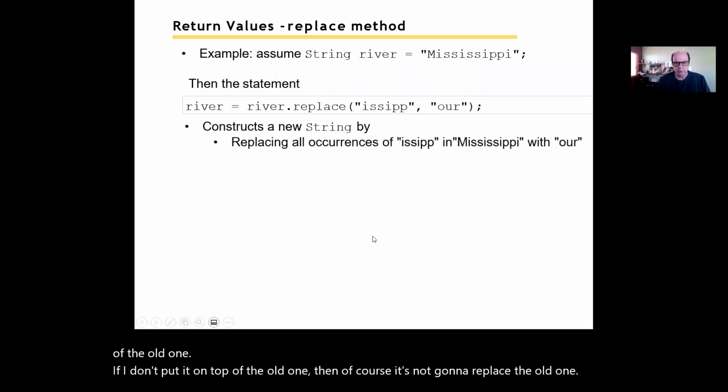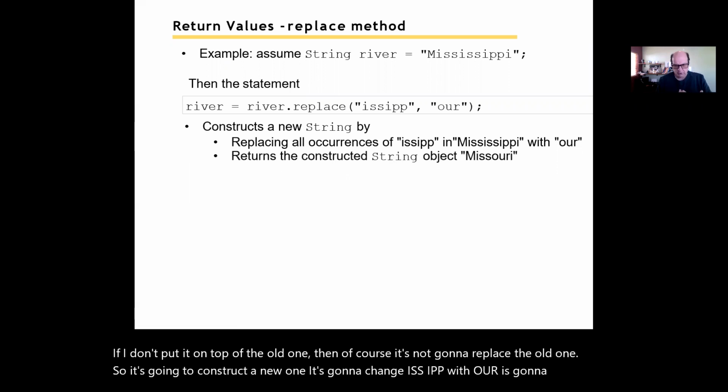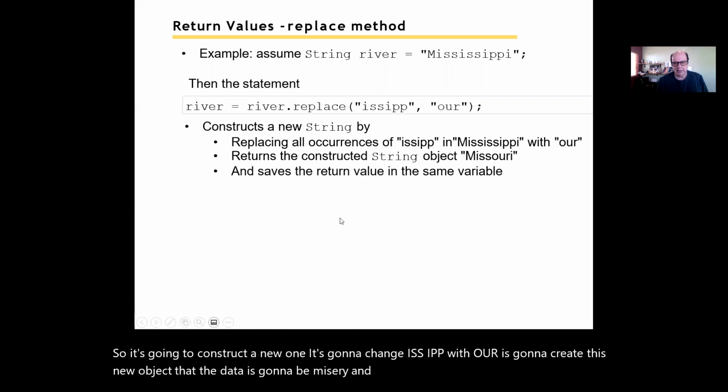So it's going to construct a new one. It's going to change ISSIPP with OUR. It's going to create this new object whose data is going to be misery, and then it's going to return that object.